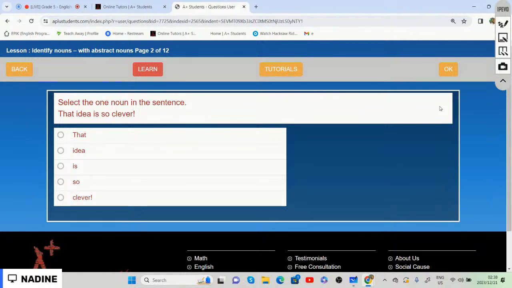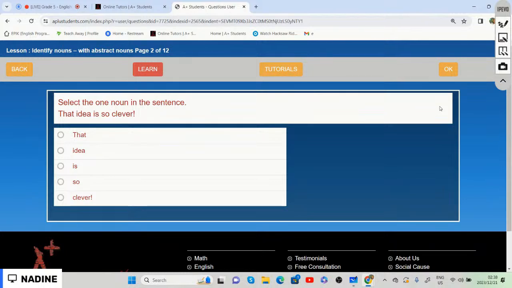But we can also say an abstract noun is clever, because other than the person being good in maths or specific subjects, we can't see clever.